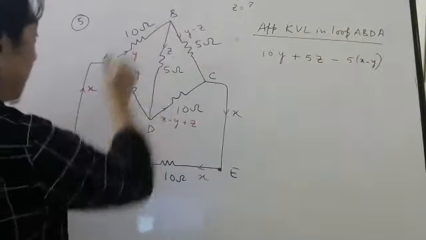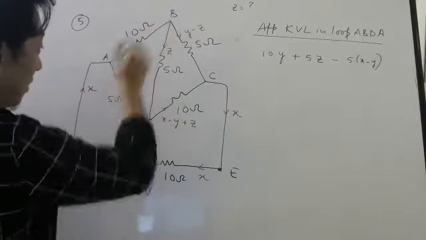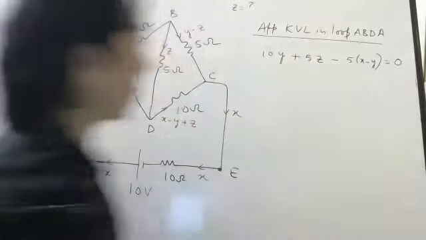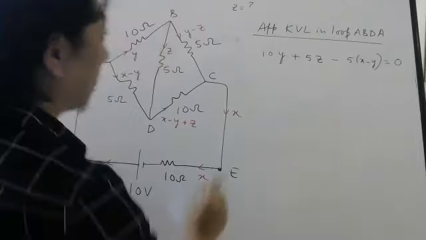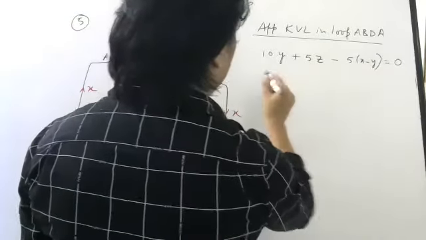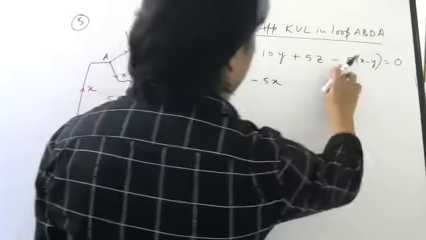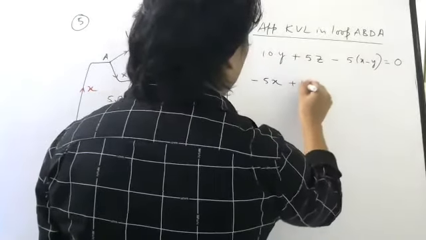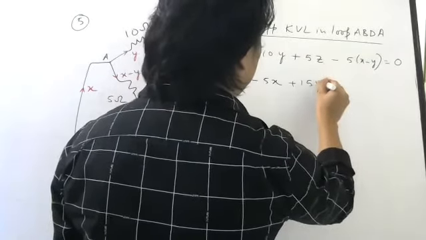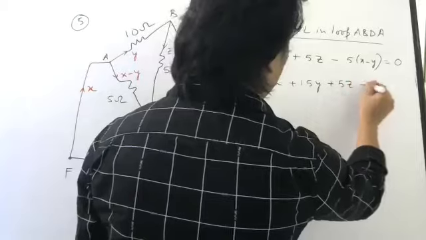No battery in this loop. So once you come back, this algebraic sum should be 0. So if you write in terms of X, Y, Z, it is a little easy to solve. Let me write this as minus 5X plus 5Y plus 10Y, 15Y, plus 5Z equal to 0.